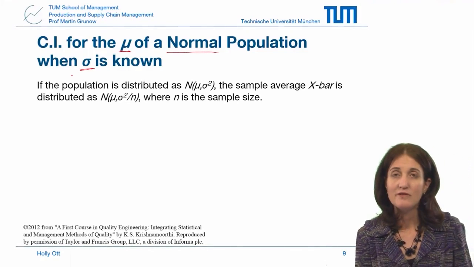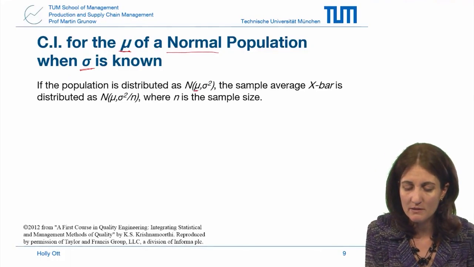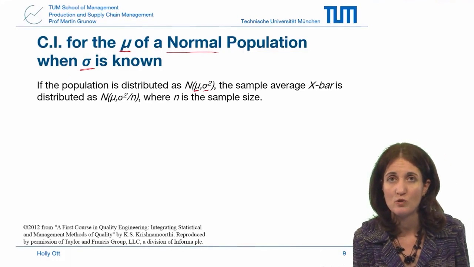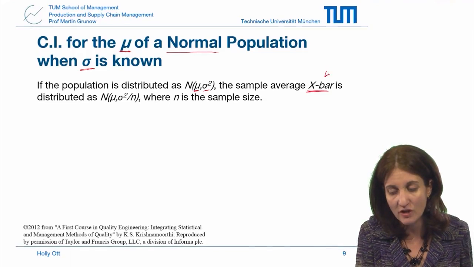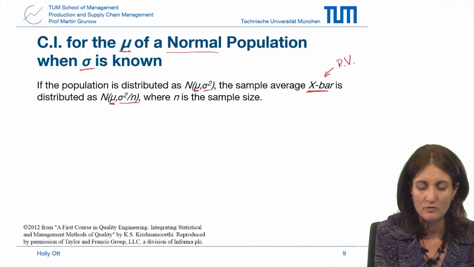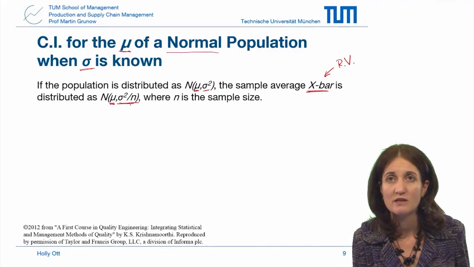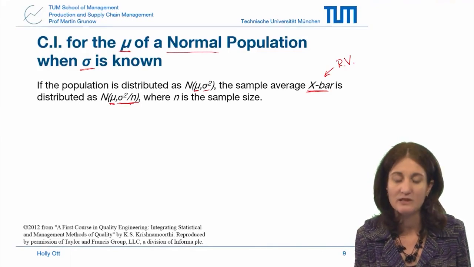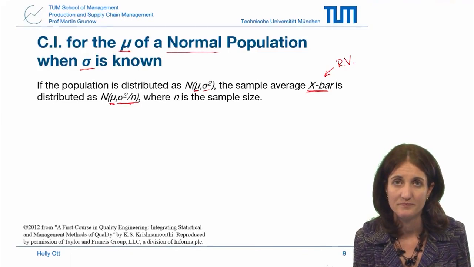So if we have a population which is normally distributed with a mean mu and a variance sigma squared, then the sample average x bar, which is also a random variable, is distributed with the same mean mu, but with a variance of sigma squared divided by n. And we learned that in the earlier sections when we talked about the central limit theorem.